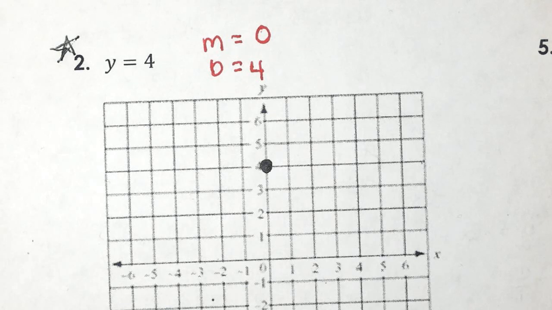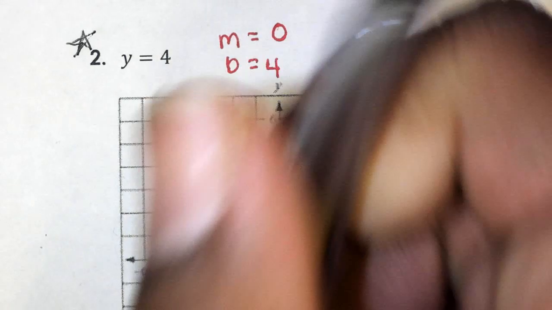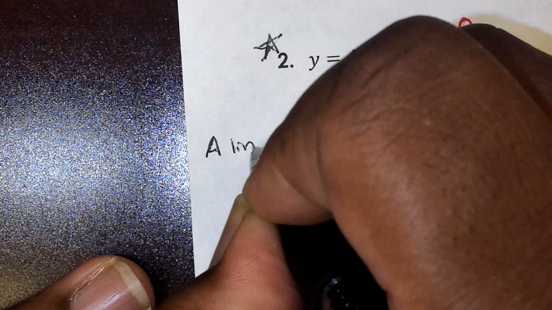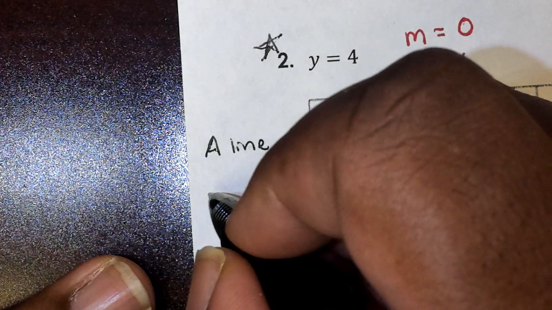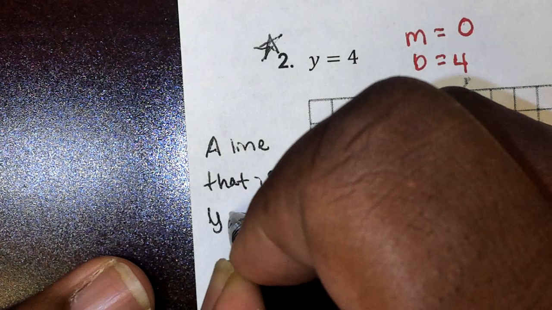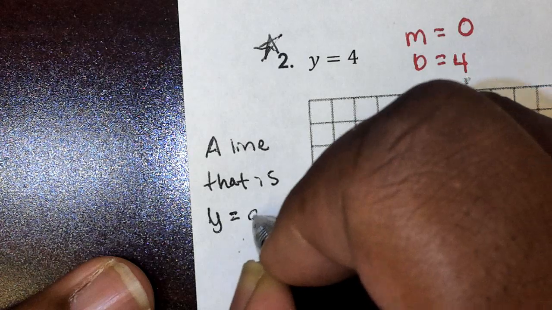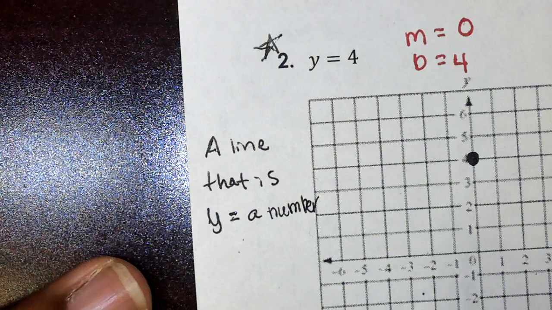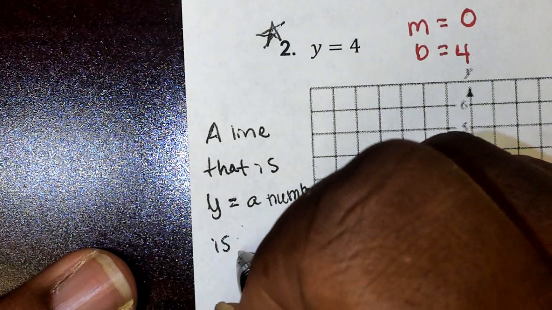But this is the part I need y'all to remember for tomorrow, because most of the lines that y'all have to draw are going to be either a y equals line or an x equals line. I don't know if you want to write it down or not. Maybe I should make this class write it down. Out to the side: a line that is y equals a number, any number, is horizontal.